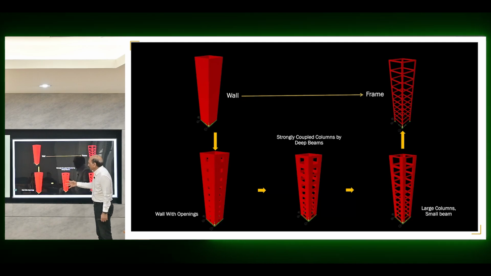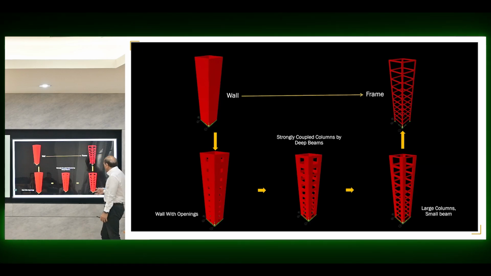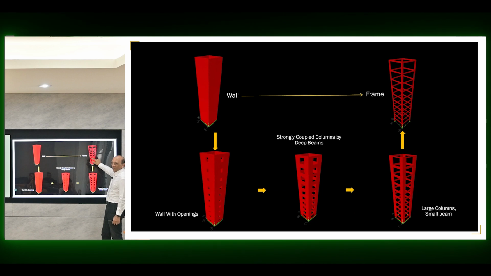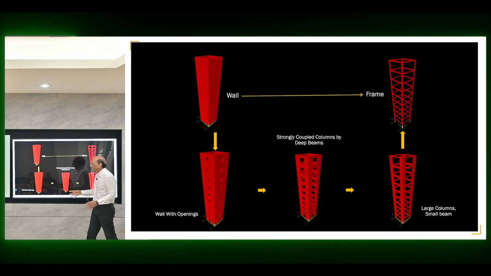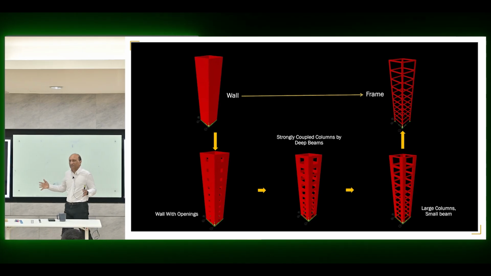And then I make the windows bigger. So now I have deep beams and large columns. I can make it further and I say I have large columns and small beams when the windows become bigger. Or I can say I need a full view of the ocean. So I have columns and beams now, right? But the structural form geometry that we started with is continuously changing.